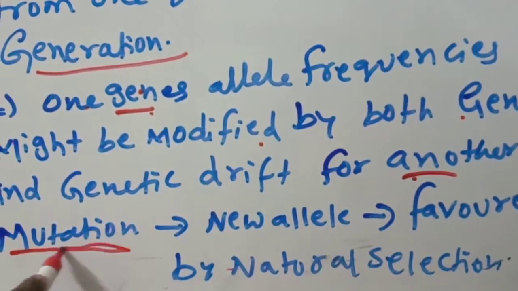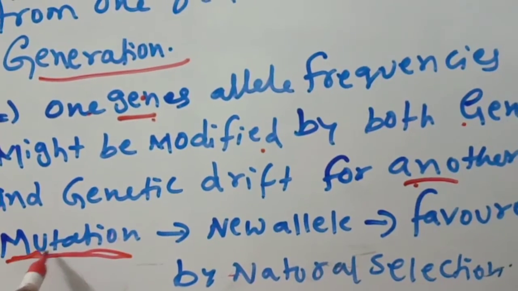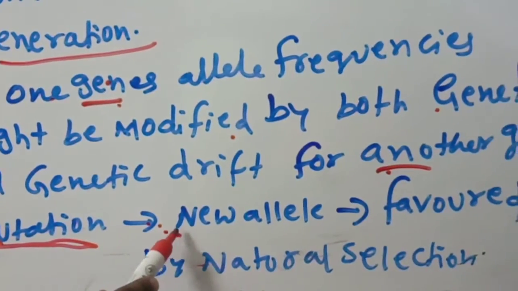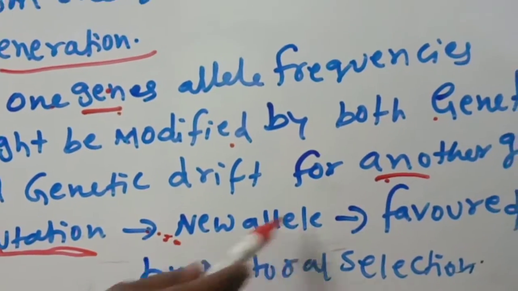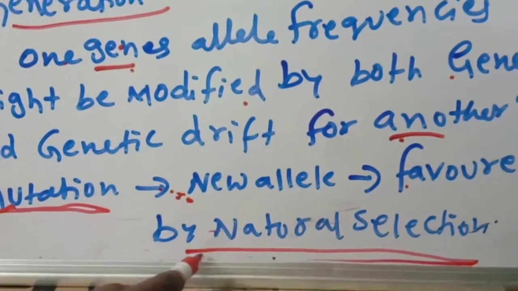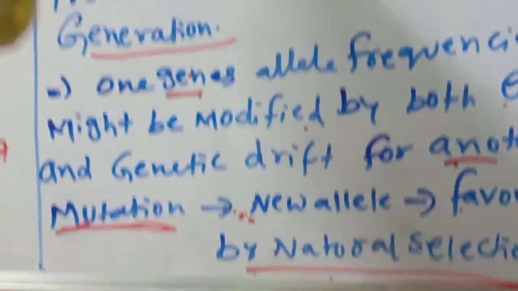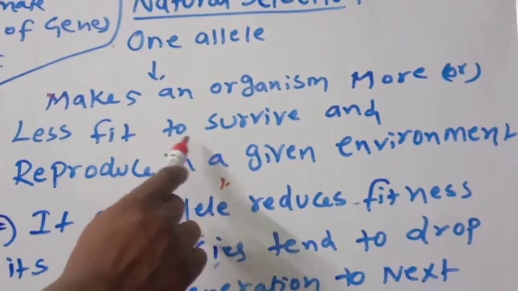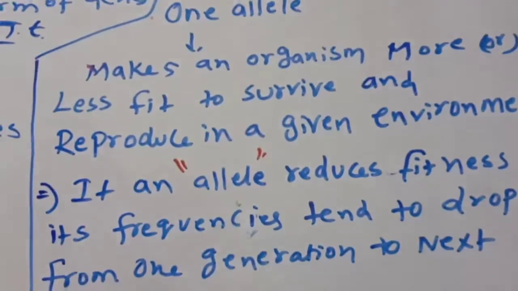Mutations form new alleles, and these are favored by natural selection. So what I said is that an allele can make an organism either fit or less fit to survive and reproduce in a given environment.